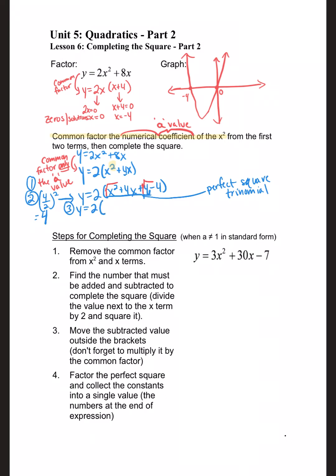So the square root of x squared is x, and the square root of 4 is 2. Then whatever sign is in the middle goes between the two, and we have a squared. Then we have a minus 4. That minus 4 was inside of our brackets as well, so we still have to deal with that minus 4. We have to bring this minus 4 outside our brackets.